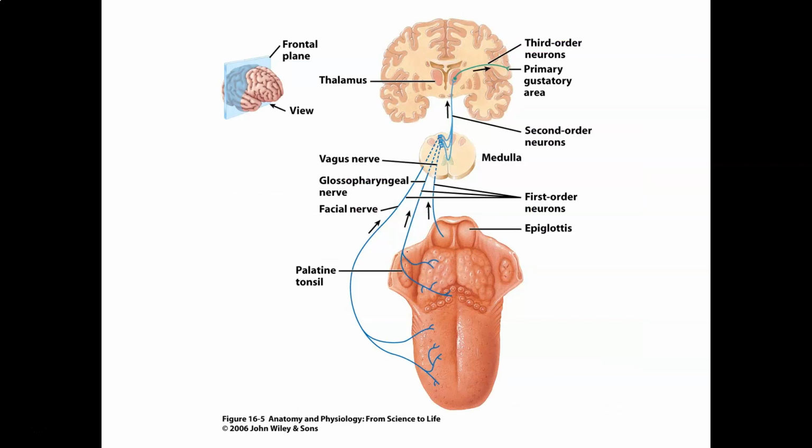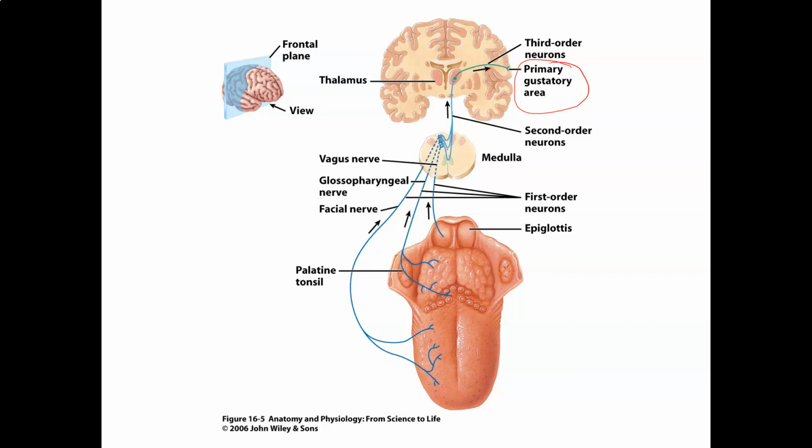And then lastly, the gustatory pathway. What is the pathway that the nerve impulses take from the sensory receptor, the taste buds on your tongue, to their ultimate destination, which is going to be the primary gustatory cortex of your cerebrum? So that's where the nerve impulses need to get for you to perceive that taste, that sweet or sour taste.